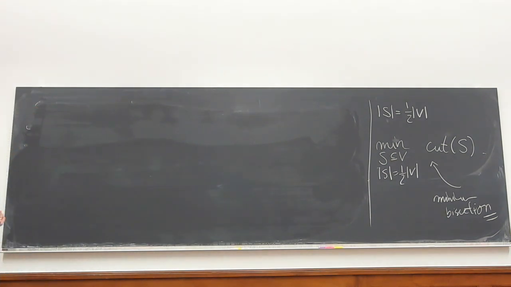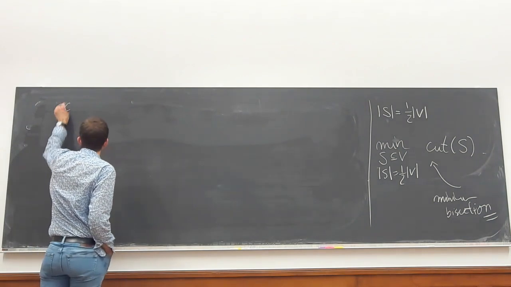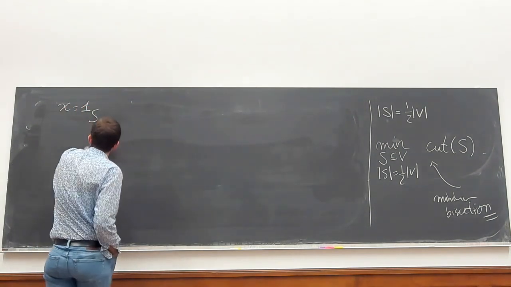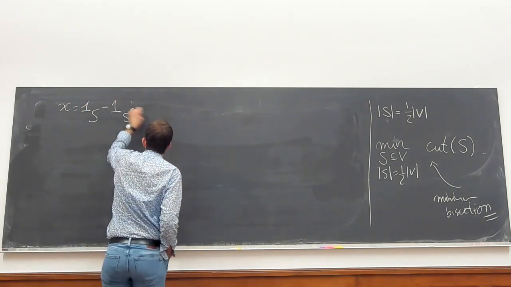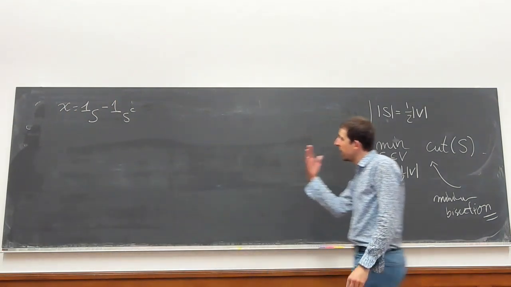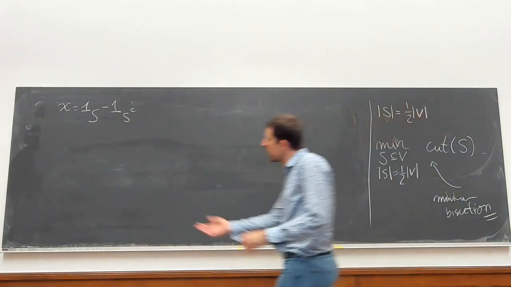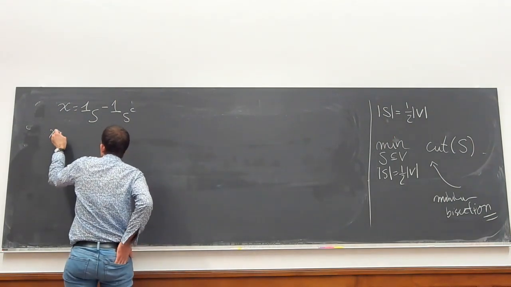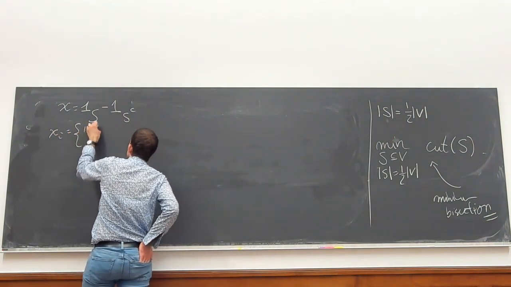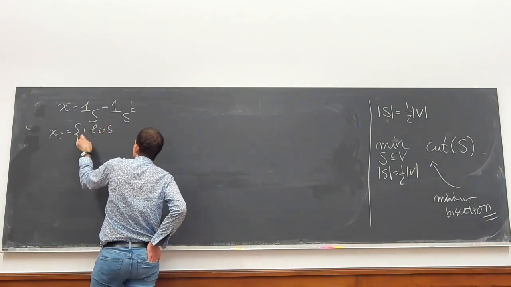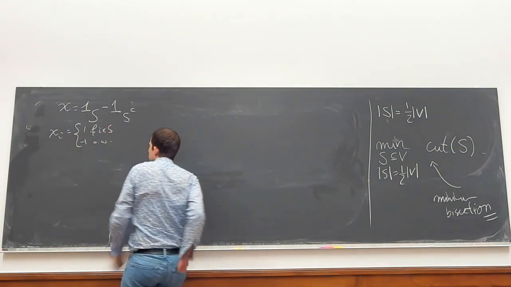So let's try to relate it to the Laplacian. Right? Let's take x to be 1_S minus 1_S complement. Right? x is just the indicator of S in the sense that x_i is 1 if i is in S and minus 1 otherwise.